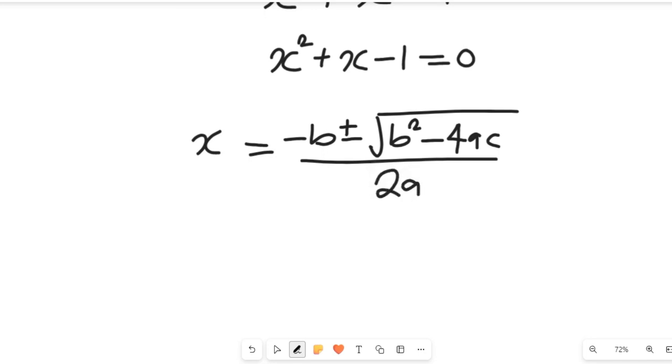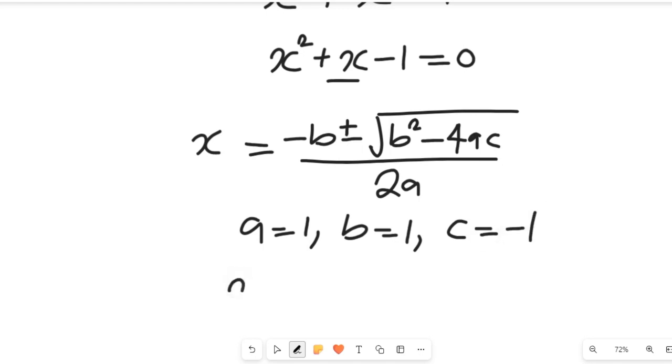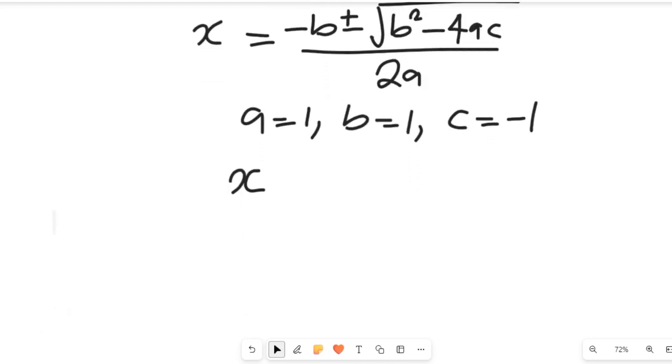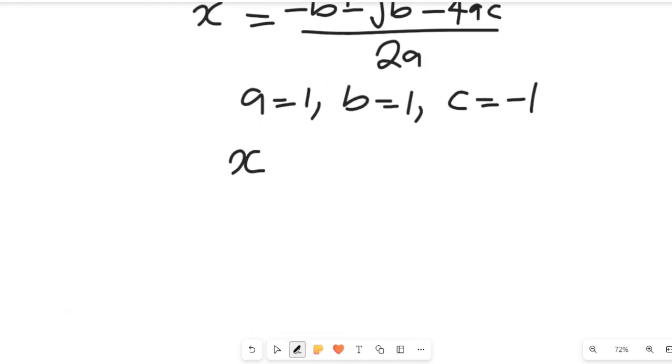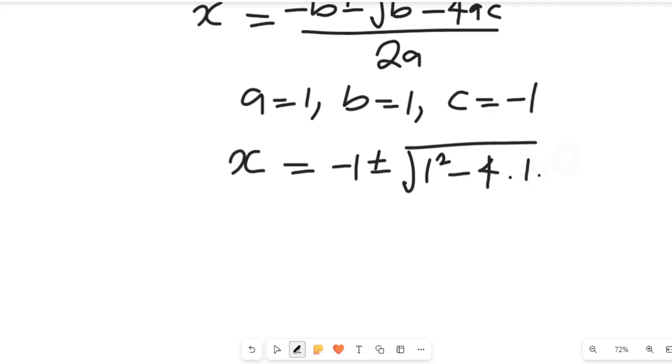So what do we have? Having a equal to 1, b equal to 1, and c equal to negative 1, if we substitute that into the equation, x will be equal to negative 1 plus or minus square root of 1 squared minus 4 multiplied by 1 multiplied by negative 1, divided by 2 multiplied by 1, which is 2.